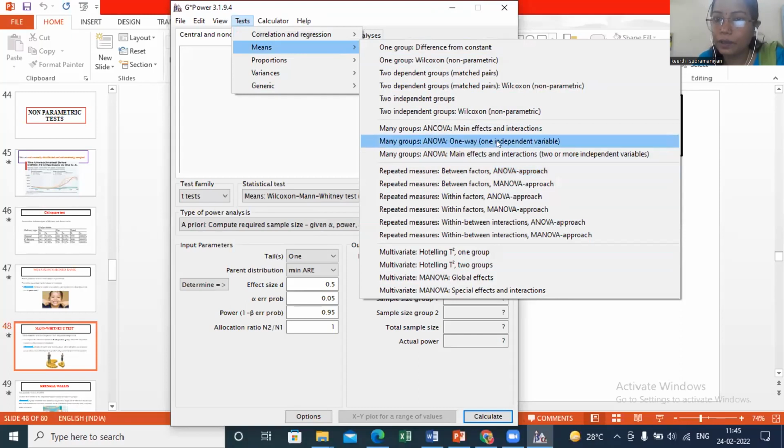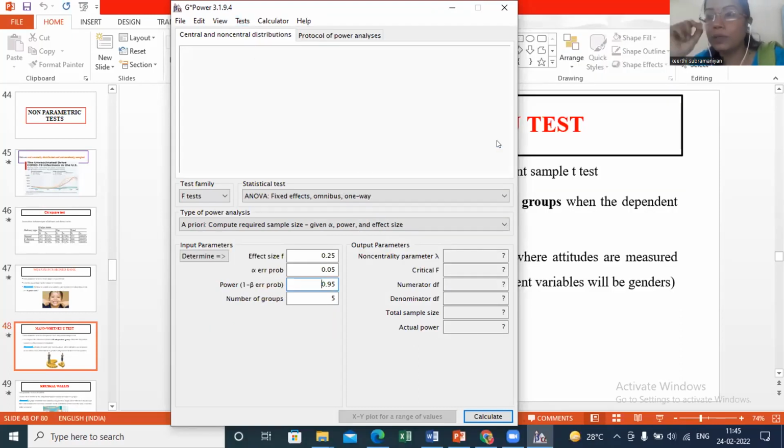One-way ANOVA, but you are going to apply a correction factor. Whatever sample size you get, you have to add 15% extra to that sample size. So if you have calculated 100 in ANOVA for a non-normal distribution, you add an extra 15 subjects to that, so your sample size is going to become 115.